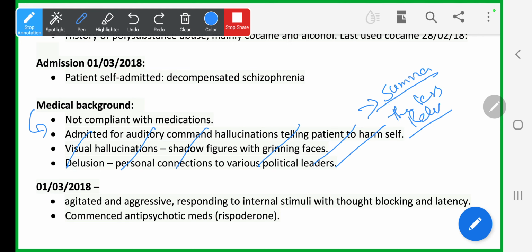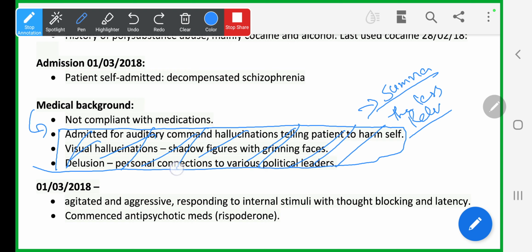With reference to the discharge plan, this detail is less relevant, right? As the patient is already a diagnosed case of schizophrenia, it's not the first time the GP is going to see the patient. For that reason, no need to mention those symptoms, because these were the symptoms when the patient was admitted to the hospital. So we can just write it down.